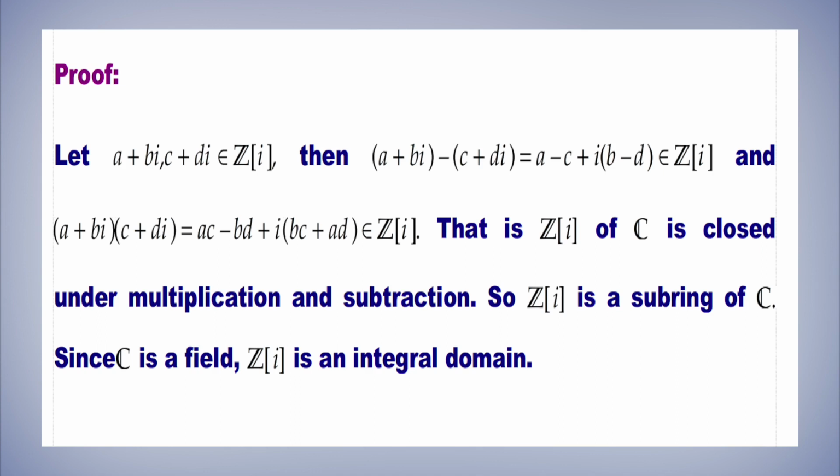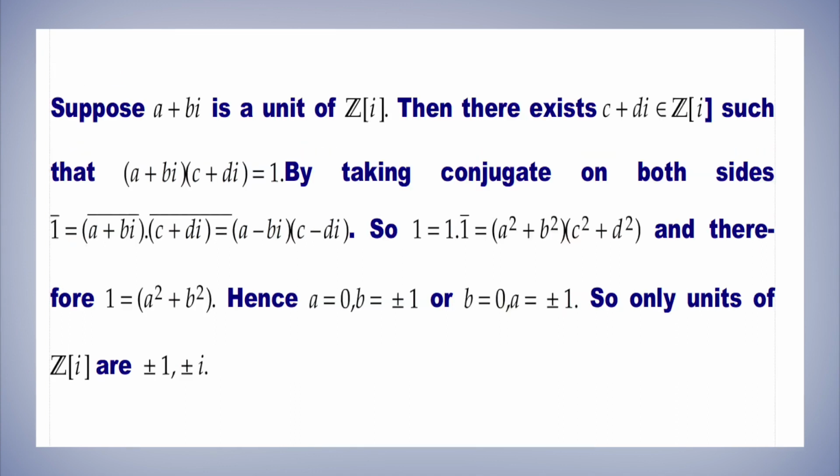Since C is a field, Z[i] is an integral domain. Suppose a + bi is a unit of Z[i]. Then there exists c + di belonging to Z[i] such that (a + bi)(c + di) is equal to 1. By taking the conjugate on both sides, 1 bar equals the conjugate of (a + bi) times the conjugate of (c + di), which is equal to (a - bi)(c - di).